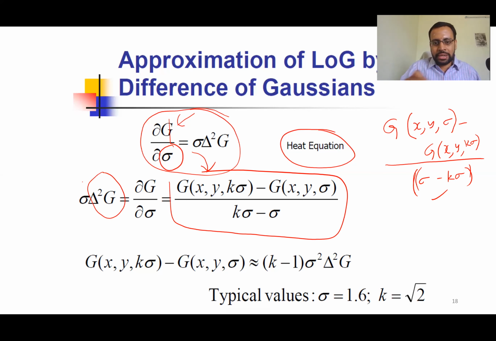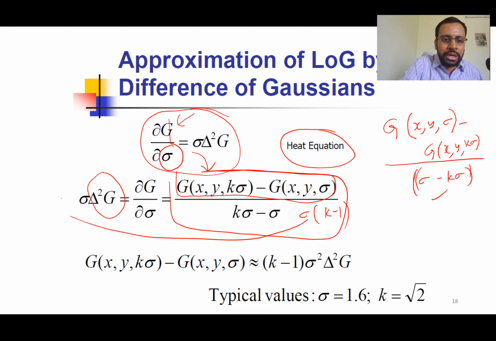Now how can you write that? I could write it as σ into (k minus 1) here, and the difference of Gaussians is equivalent to, if you take this denominator, σ squared into (k minus 1) into ∇²G. Now you consider some values for σ and k, for example σ equal to 1.6.